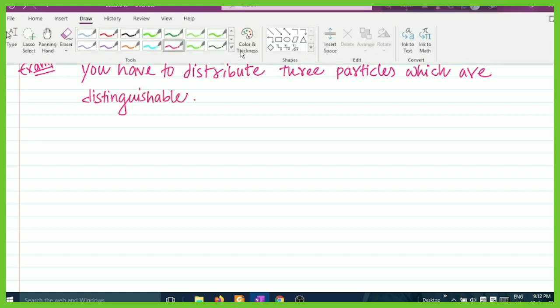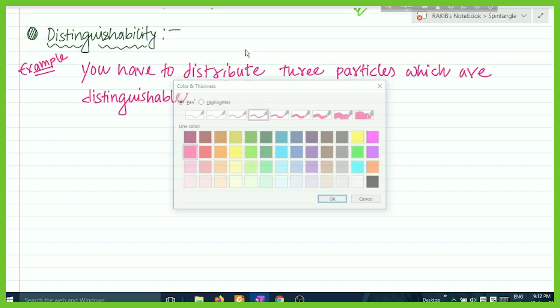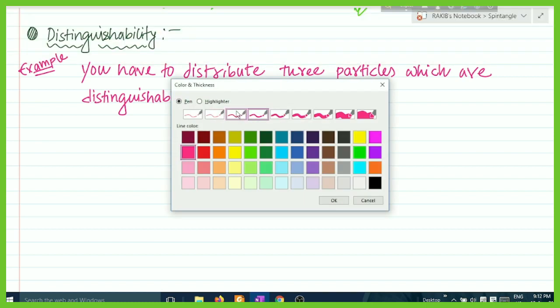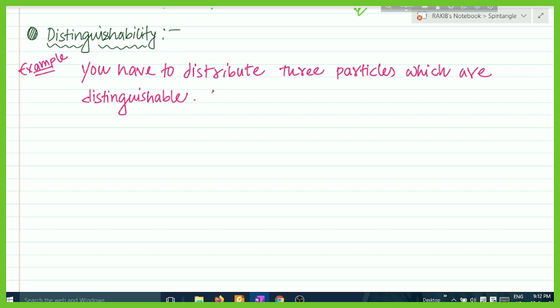This means what? This means you can label them individually. Say the particles are labeled as A, B, C. Okay.